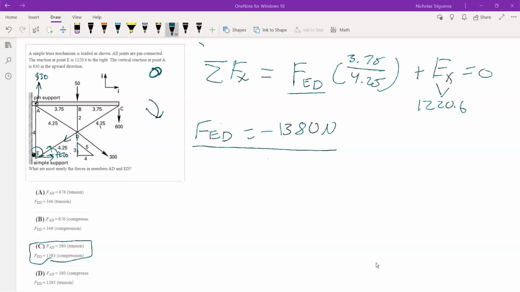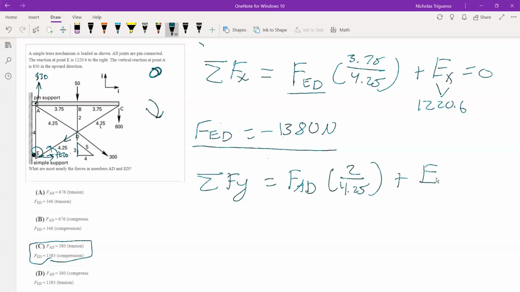But if you wanted to get the one for AD, we're basically going to do the same thing, but we're going to do sum of forces in the y. What do we got? Again, force AD in the y direction is going to be 2 over 4.25, plus here we can just use AY, and CY.